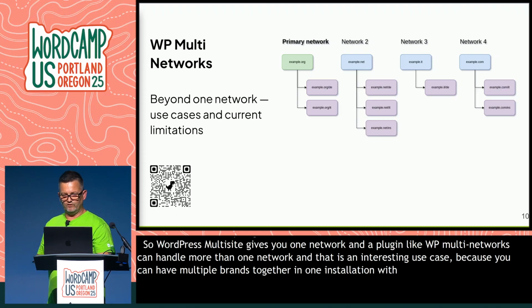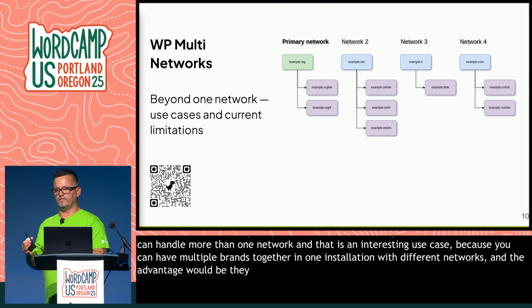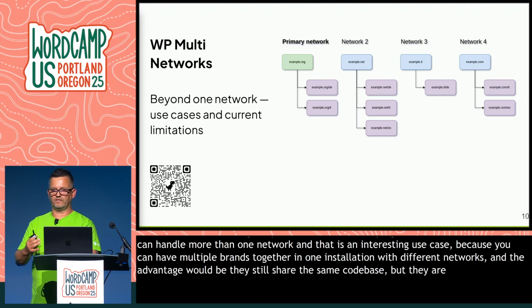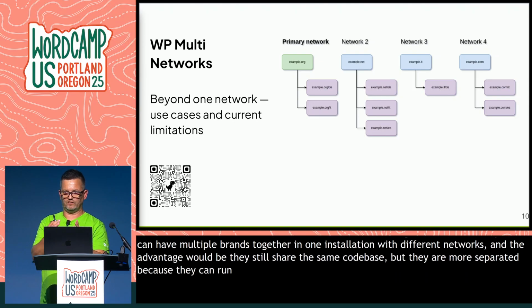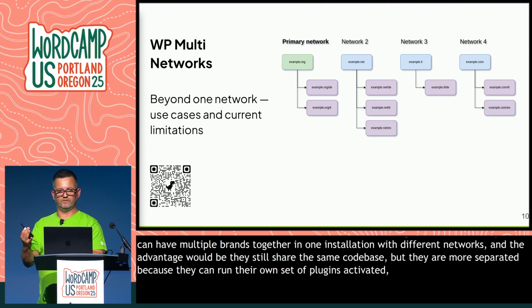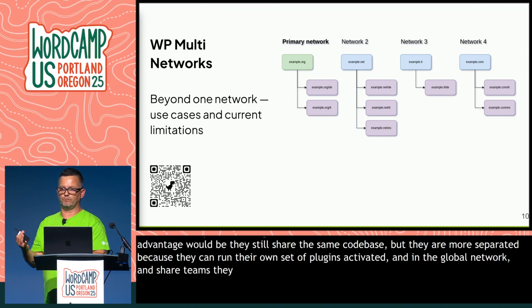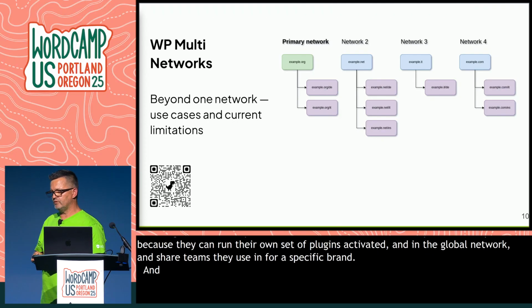And the advantage would be they still share the same code base, but they are more separated because they can run their own set of plugins activated in the network, and share themes they use for that specific brand. And there are limitations, of course.